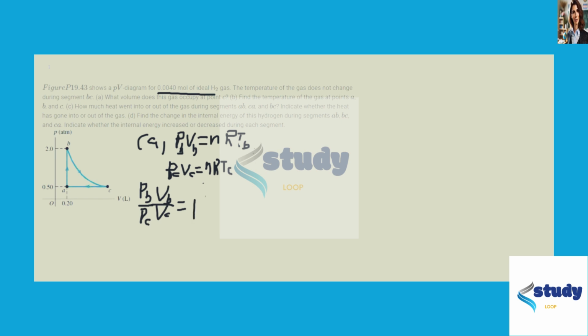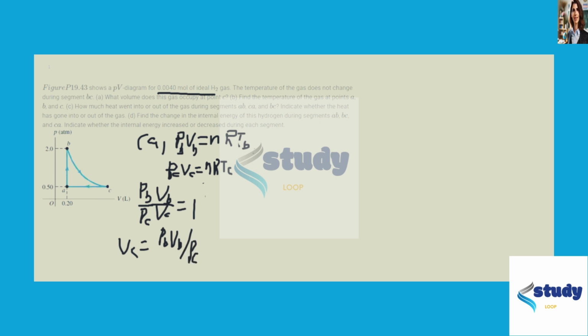That's because TB equals TC: in the process BC, the temperature is constant. So the temperature at state B is equal to the temperature at state C. In that case, we can solve for VC. So VC equals PB VB over PC.